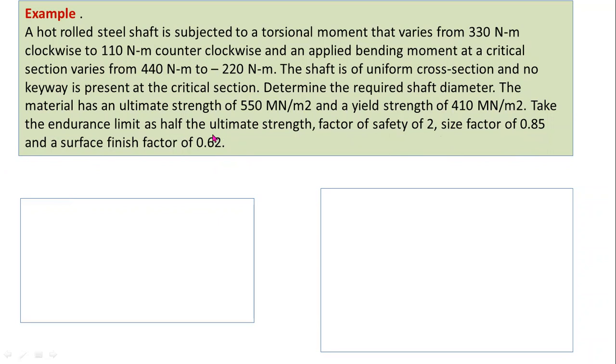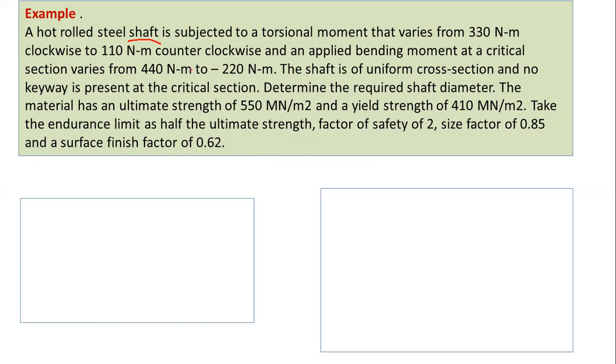First, you have to identify the given data from the question. Here you have to design a steel shaft. By using these details, you have to design a suitable size of a shaft.